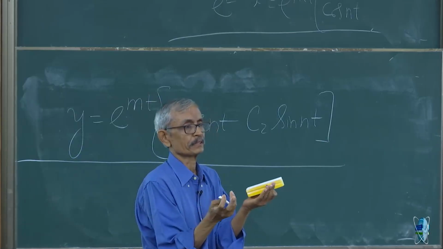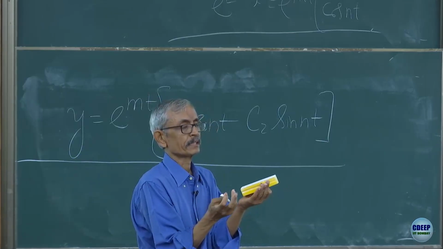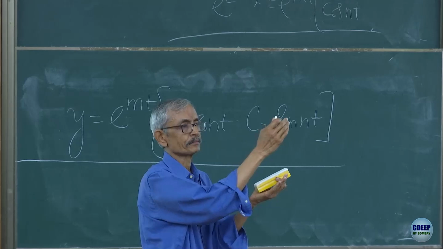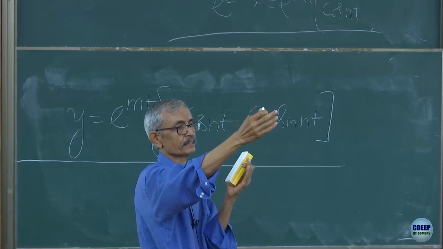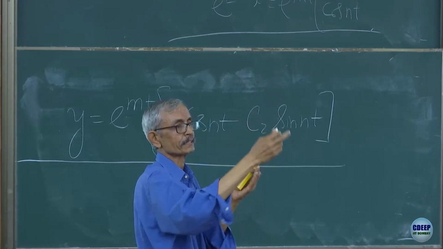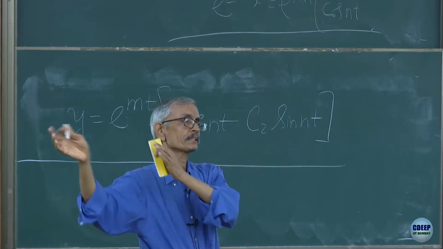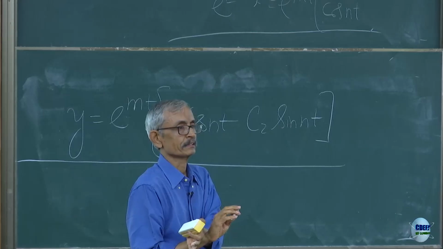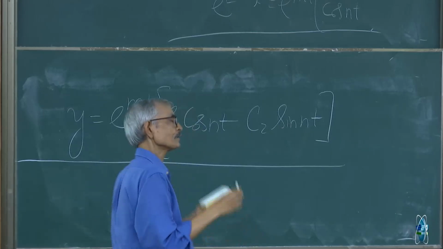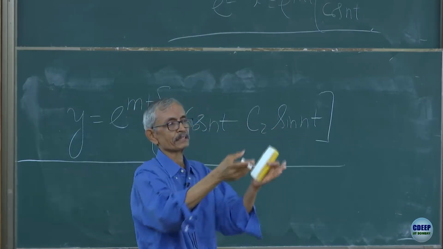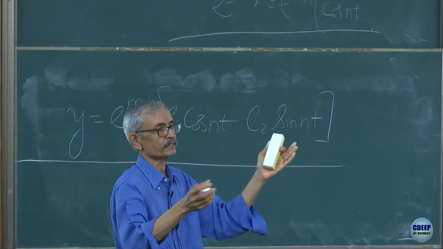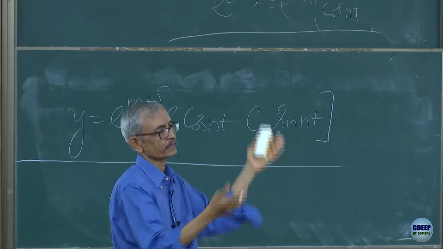Where will I absorb it? I have got c e to the power of something, right? So e to the power something stayed there. So e to the power I something we said was cos plus some I sine. So if you want, you can add up those two and then say that my I terms and then the sine terms and then the cosine terms, that is also fine.